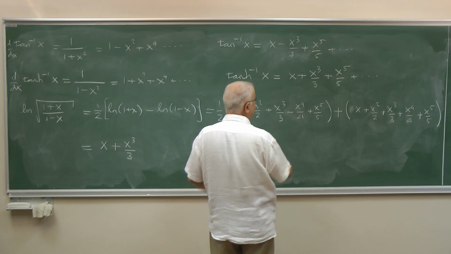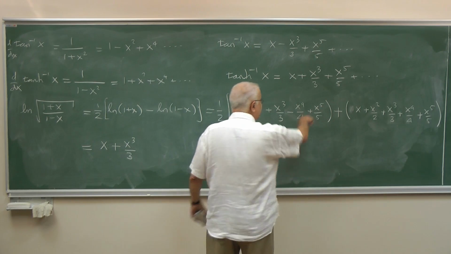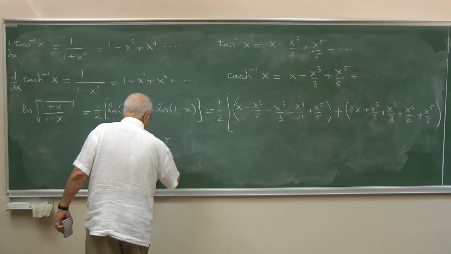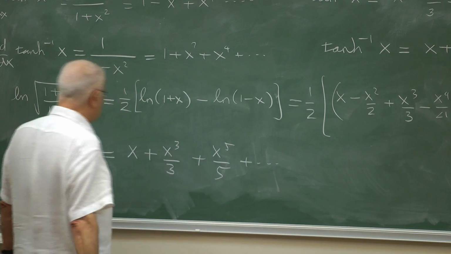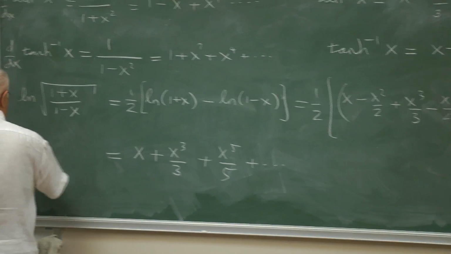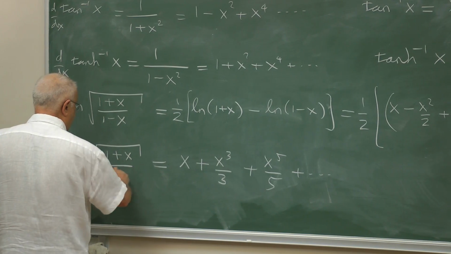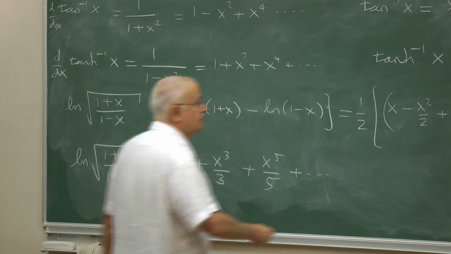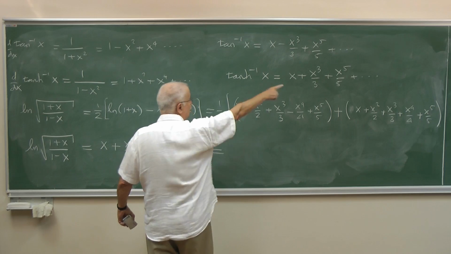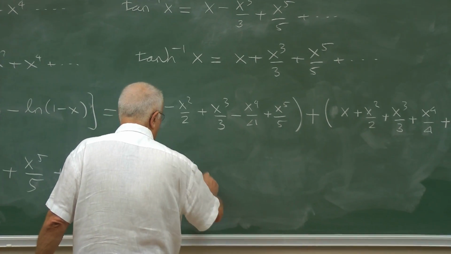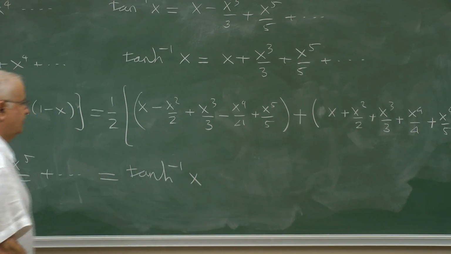X to the 4 terms cancel. X to the 5 terms also add up. Now, remember this was ln of the square root of 1 plus x divided by 1 minus x, which is, as you see from here, inverse hyperbolic tangent x.